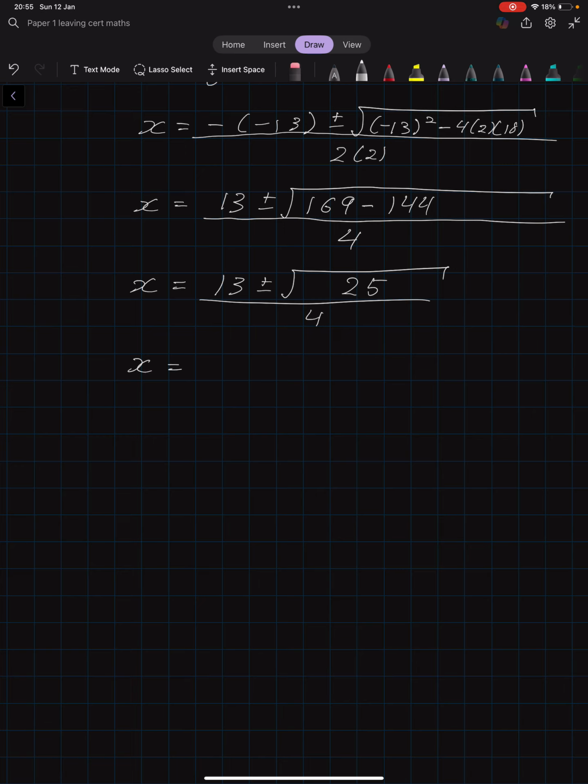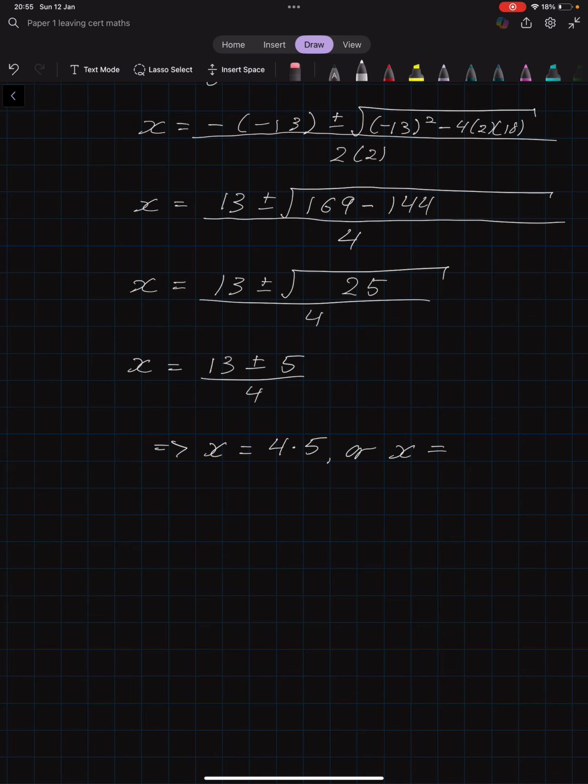So if I add it first, I get 13 plus 5, that's 18. 18 divided by 4 is 4.5. And then the minus, if I do 13 minus 5, I get 8. 8 divided by 4 is 2.